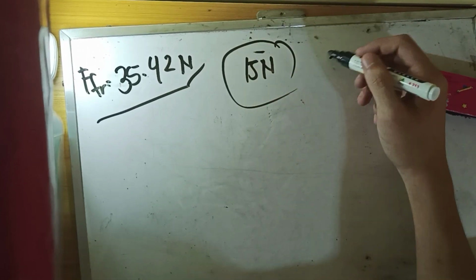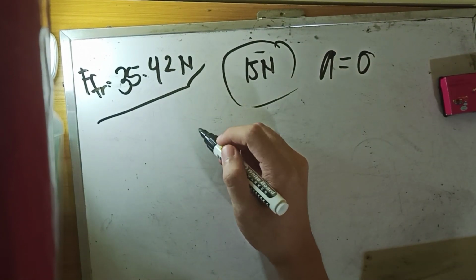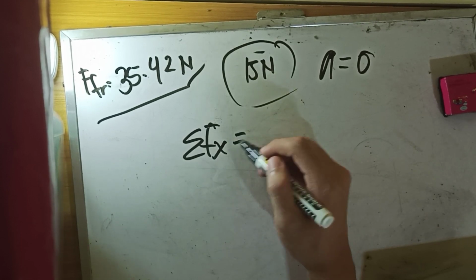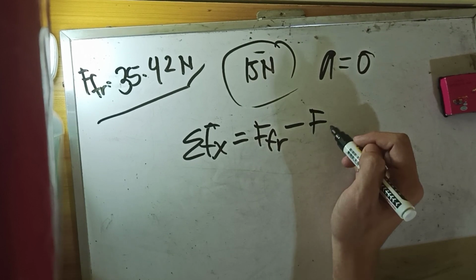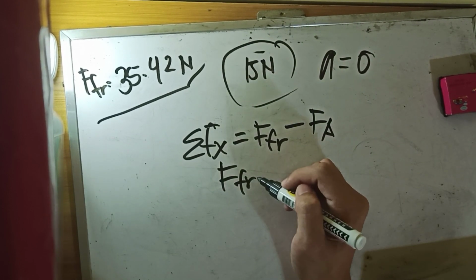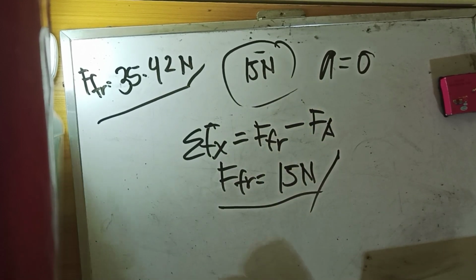So, ang acceleration pa rin natin ay 0. And by Newton's second law of motion, summation of forces along x, force of friction minus force applied, and our force of friction will be 15 Newton. So, yun na para sa ating letter B.